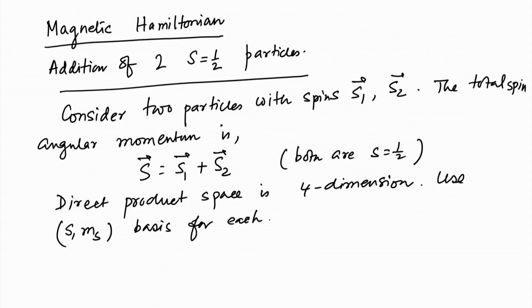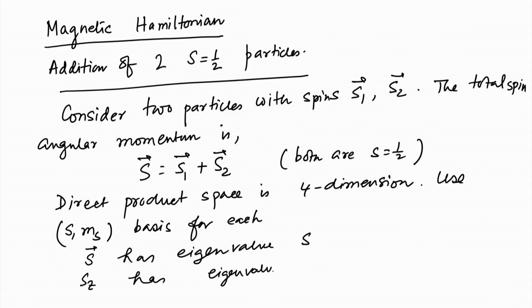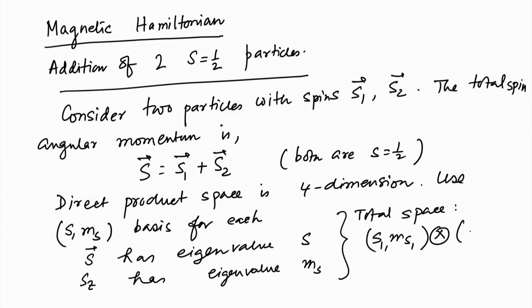What I mean is that the spin operator S squared has eigenvalue S, and Sz has eigenvalue MS. So we can form the basis of each particle by this S, MS, and the total space will be a product of two such kets, that is S1 MS1 and S2 MS2.